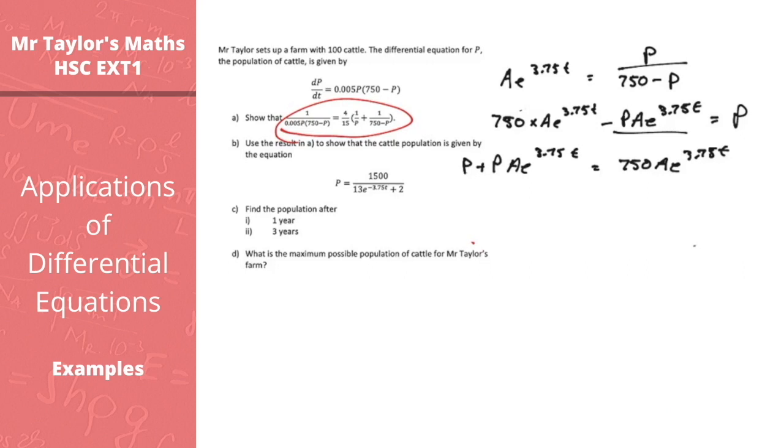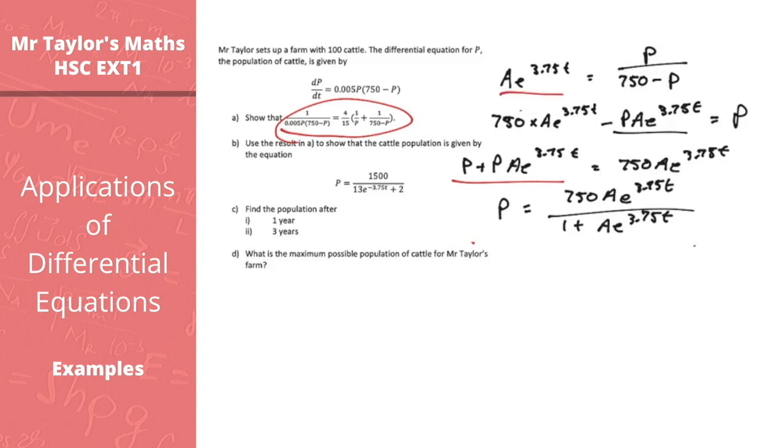Take out p as a common factor on the left hand side, and then divide by 1 plus a e to the 3.75t. So p equals 750 a e to the 3.75t over 1 plus a e to the 3.75t.